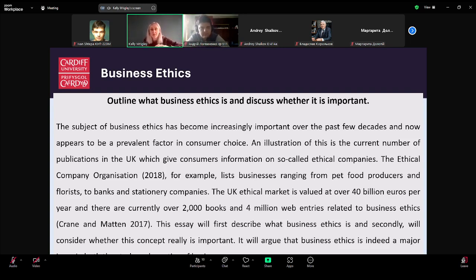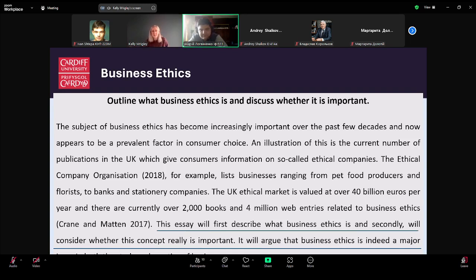This is not the thesis statement, but it's part of the organization. It talks first about business ethics being important, and then how we see this, and then some examples of it, and then the amount of money, and books and web entries. And then you've got two sentences here, and this is the thesis statement. So this tells us how the essay will be organized.